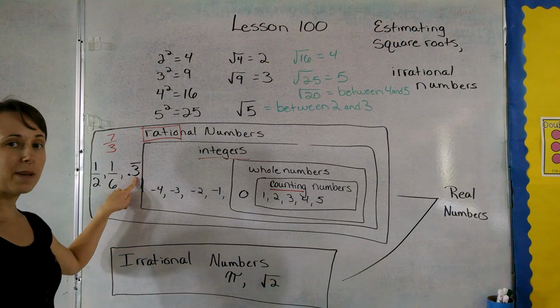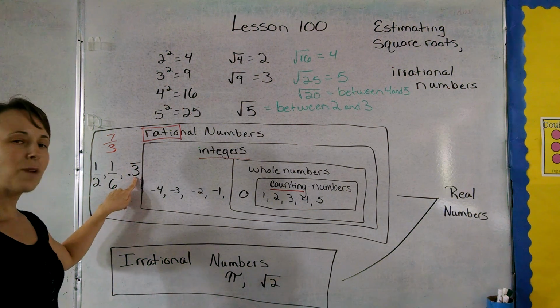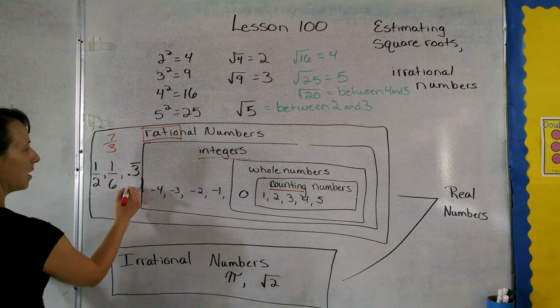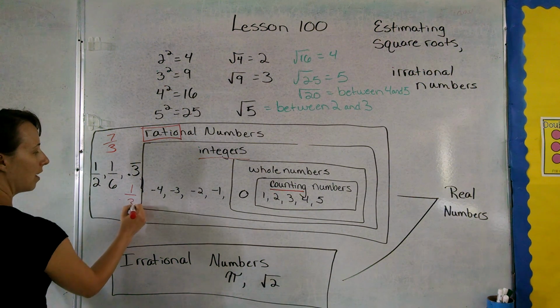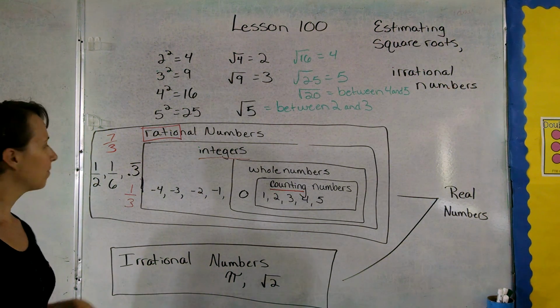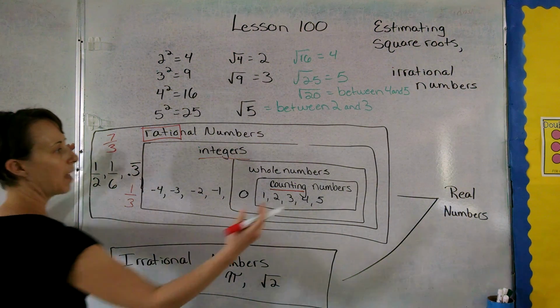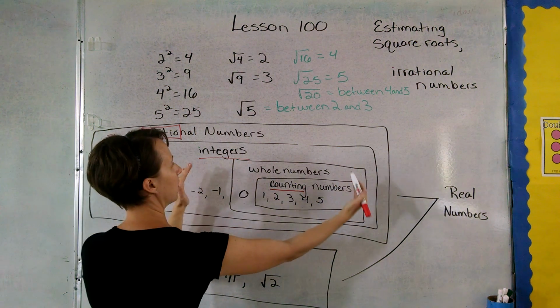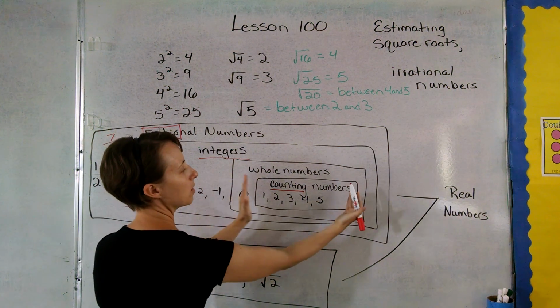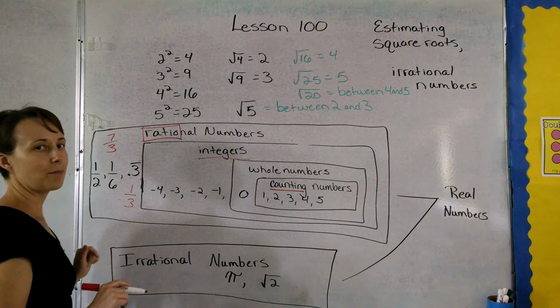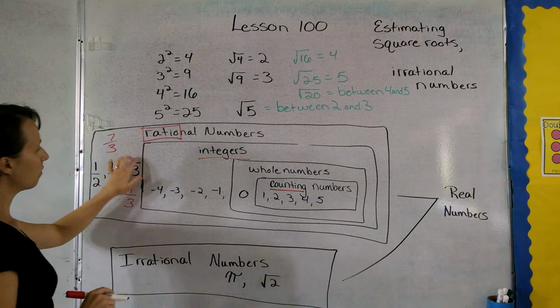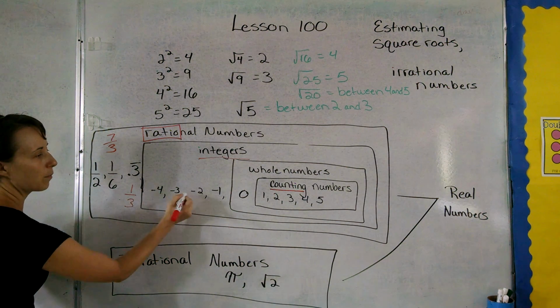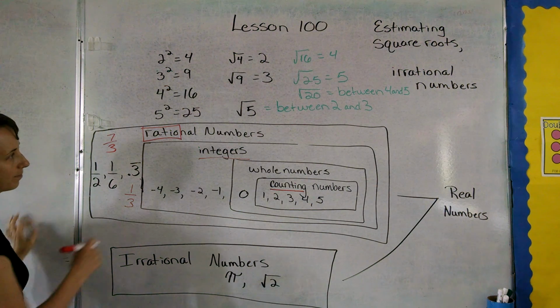Like 0.3 repeating, that's a rational number because 0.3 repeating is actually the same as 1/3. Rational numbers. Integers are part of rational numbers. Whole numbers are part of rational numbers, and counting numbers are part of rational numbers. These sort of fill in the spaces between the numbers on the number line, if you will.